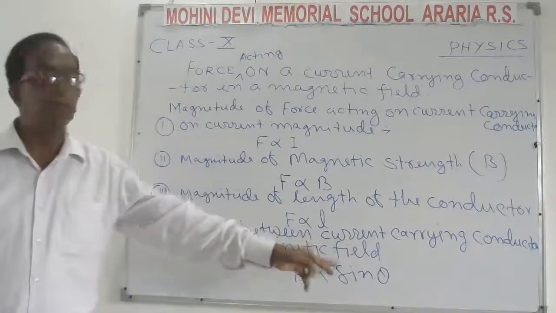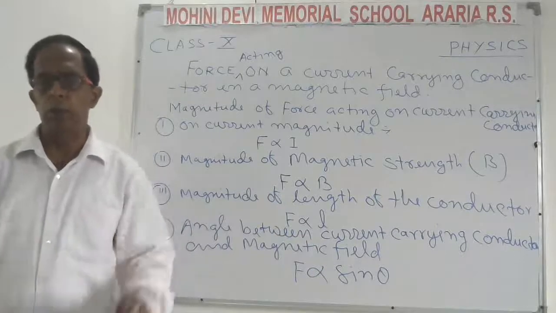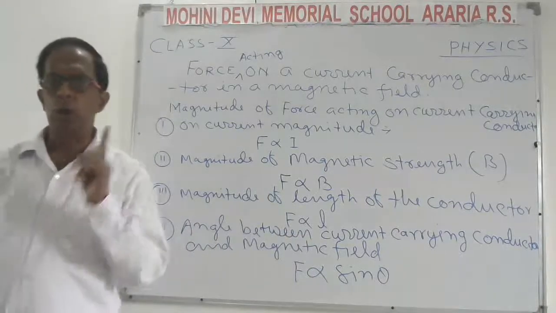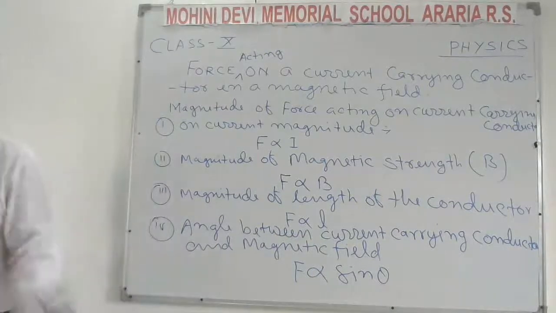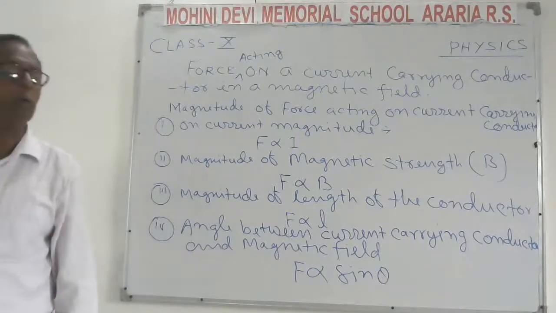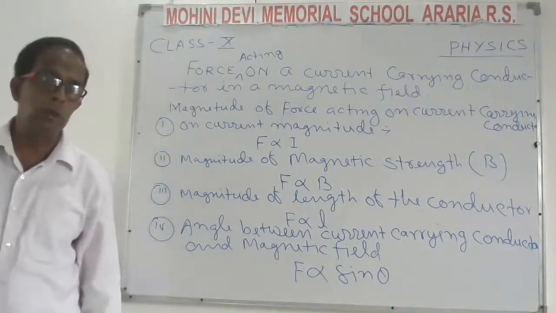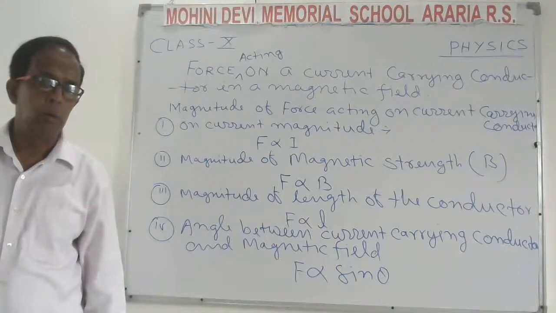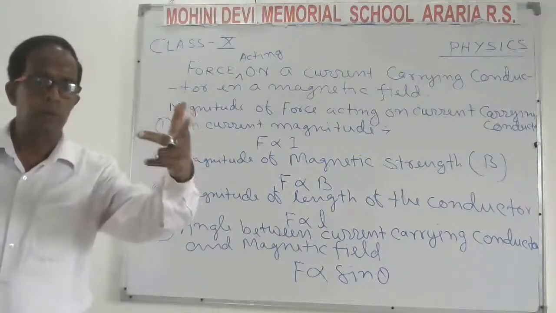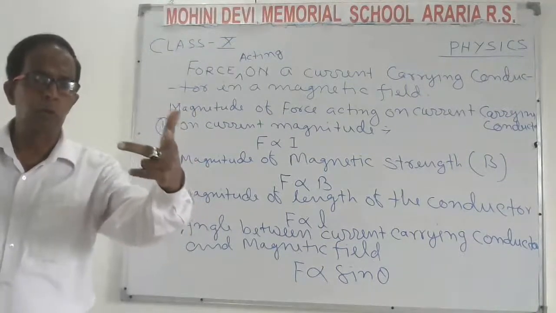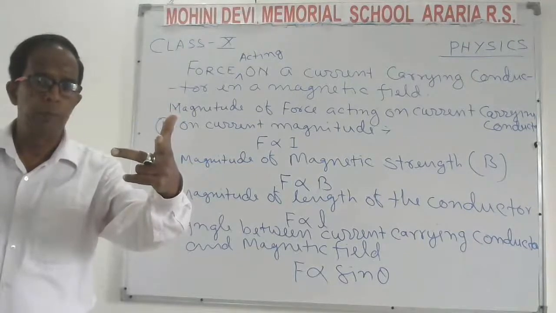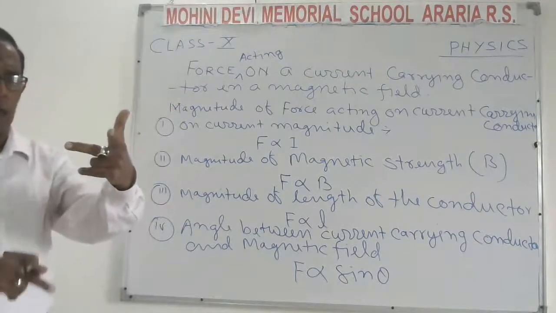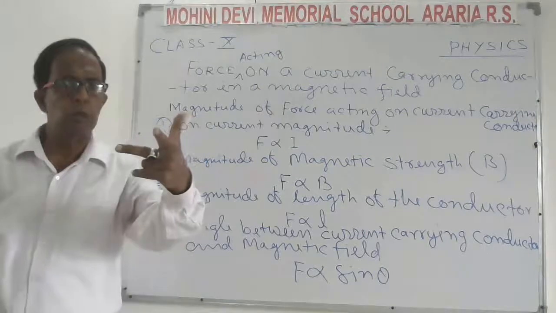It means if theta is 90 degree, then sine 90 degree is equal to 1. Therefore, the strength is maximum. According to Fleming left-hand rule, also it is true. All three are perpendicular to each other.